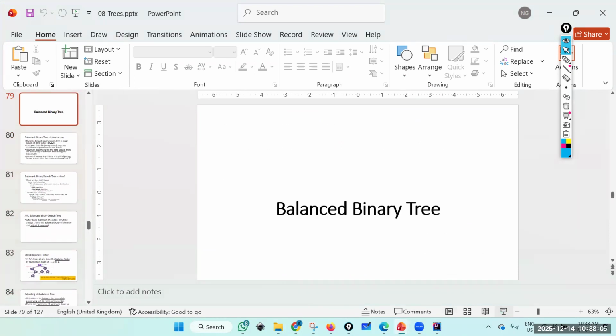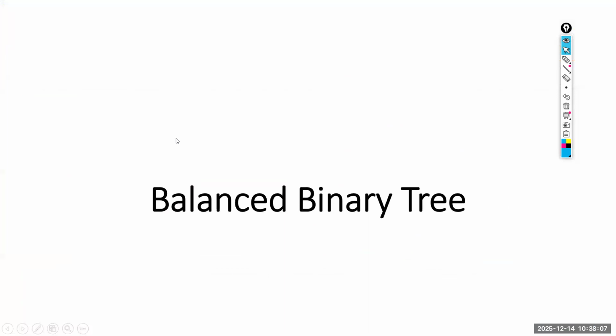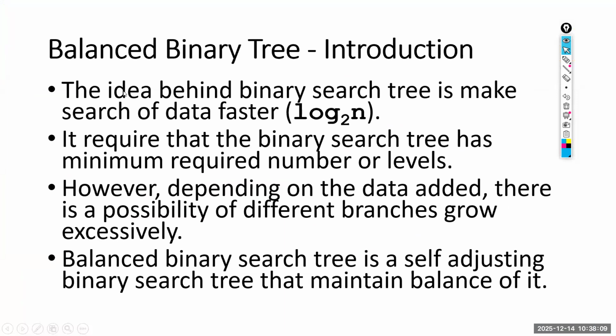So let's get back to this. Right. So the idea behind a balanced binary tree is that we don't want to let some branches extend excessively compared to others. Because the idea behind binary search using a binary tree is that you just go through one particular path downwards.